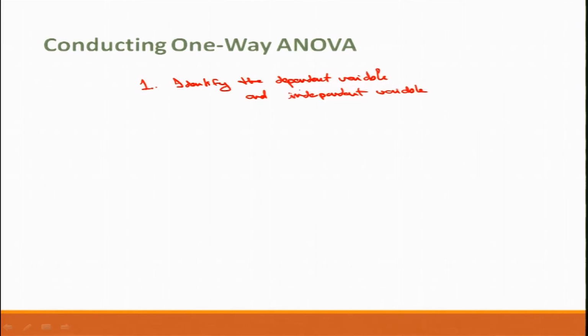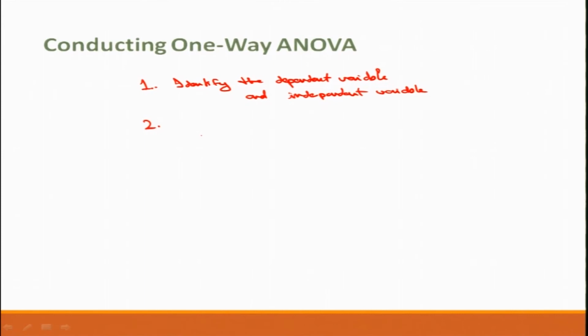Please note, independent variable comes first, dependent variable is the result, the response here. So, we need to identify which is the dependent variable that is coming because of the independent variable.